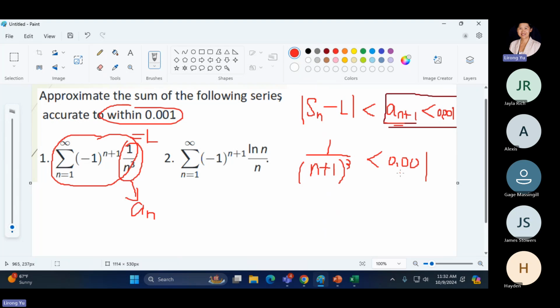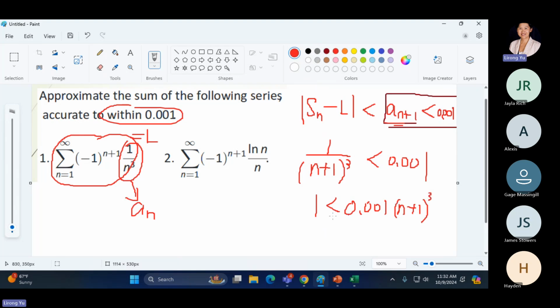This inequality, you can have multiple ways to solve it. Yesterday, I took the cube root of both sides, but in the spirit of keeping the inequality, let's multiply both sides by the denominator. Then we have 1 is less than 0.001 times n plus 1 cubed.